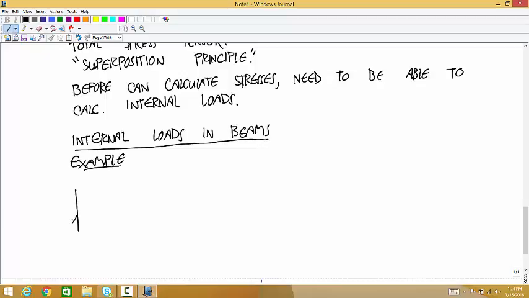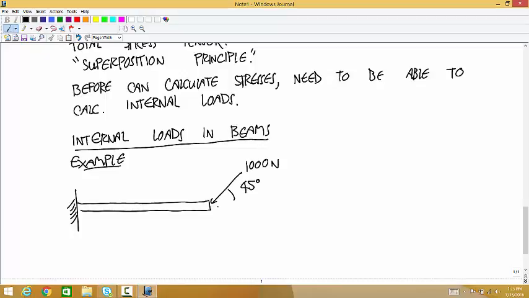Let's say we have a cantilever beam connected to the wall at the left end. And let's say that we have a force of 1,000 newtons that's acting at a 45-degree angle from horizontal.